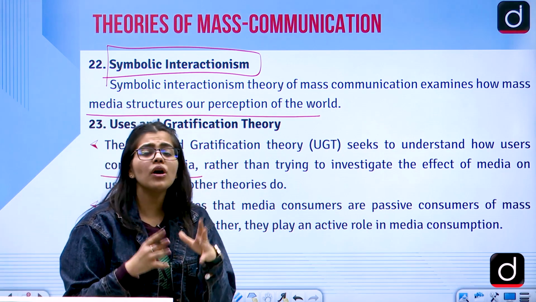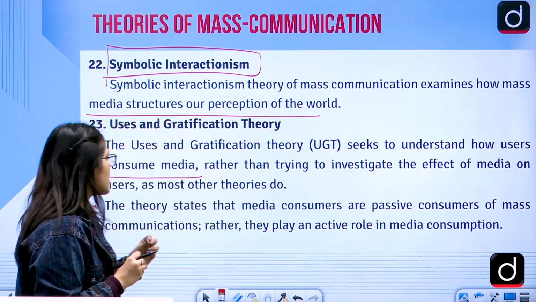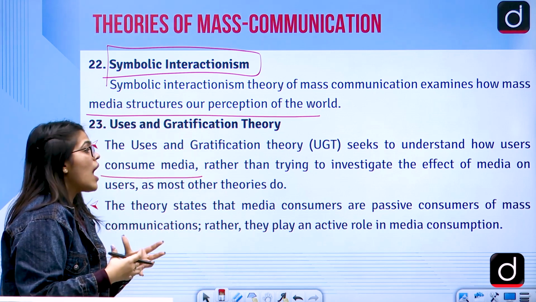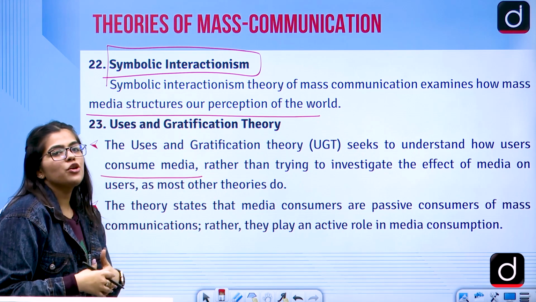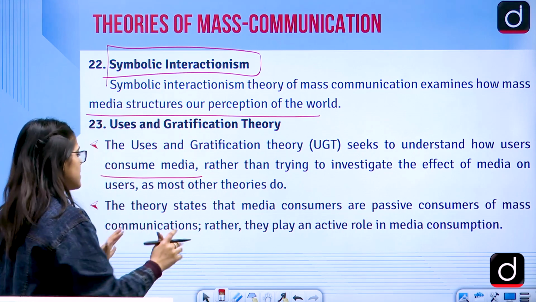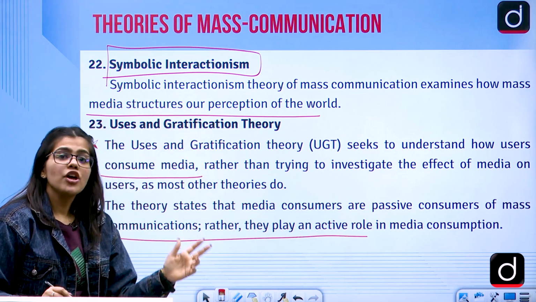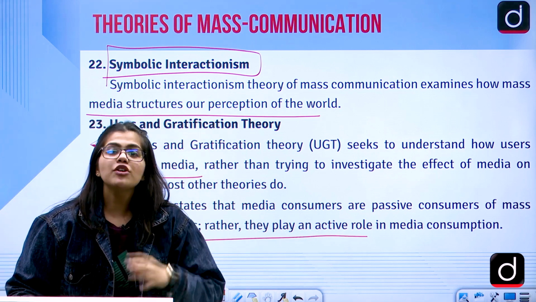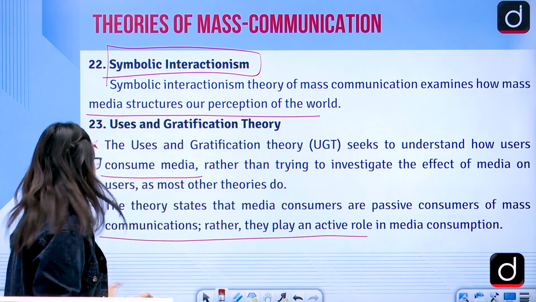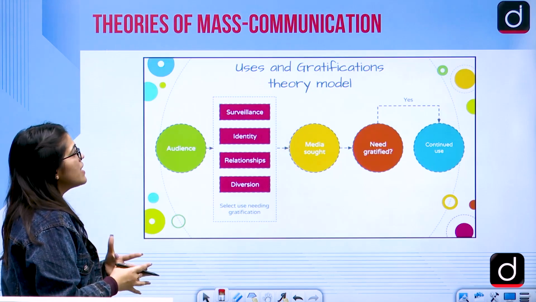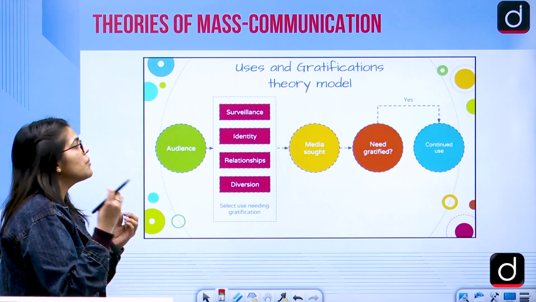There is also a lot of good things that the media can give you. This theory states that the media consumers are passive consumers and you will consume what the media is giving rather than active. So you're not active, you will consume, but it also gives you good things. So this is what is happening. There is always a surveillance duty that the media does.